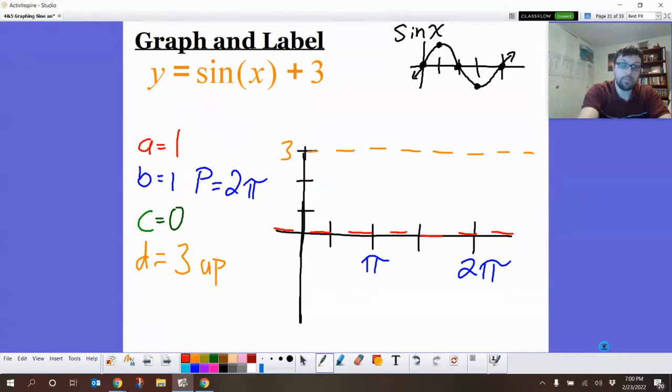Then from that, we want to wobble our amplitude. So we'll go down to 2 and up to 4 because we want to go up and down 1 from our sinusoidal axis. So from this orange line, we want to go up 1, and from this orange line, we want to go down 1. We don't have to move anywhere left and right, so that would be the next thing that we would deal with, but now we're all set to graph.